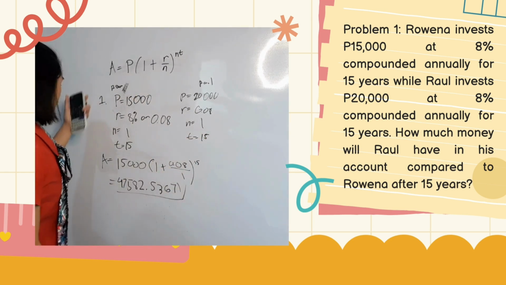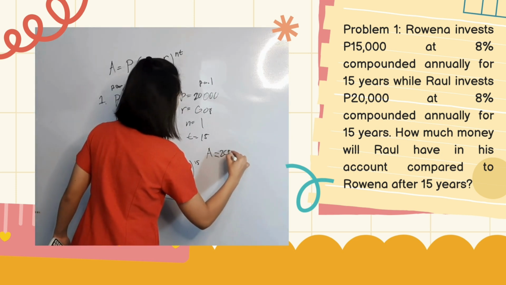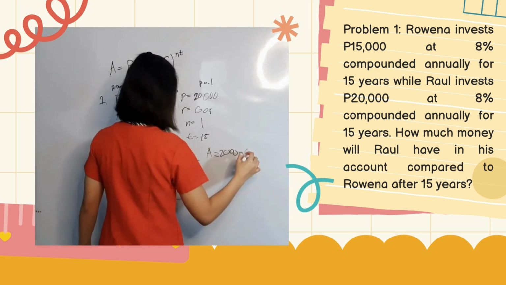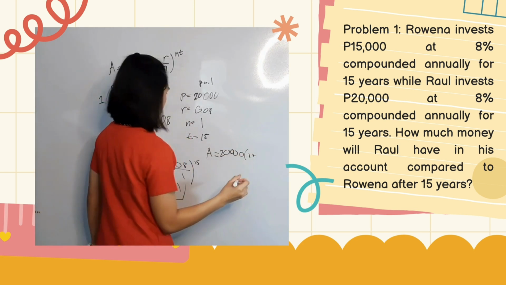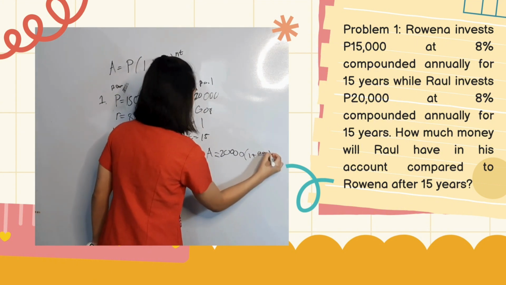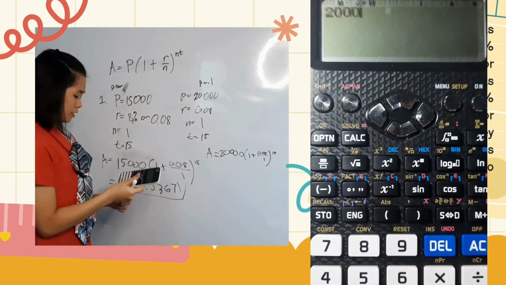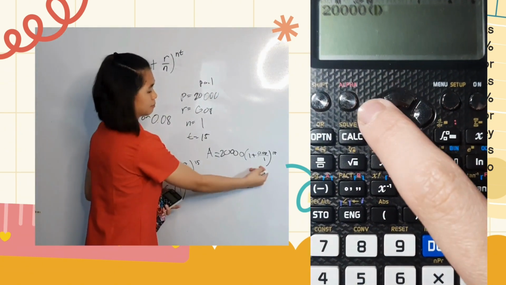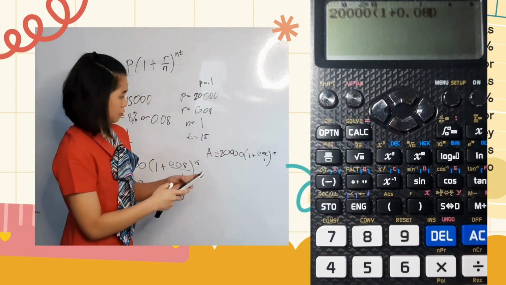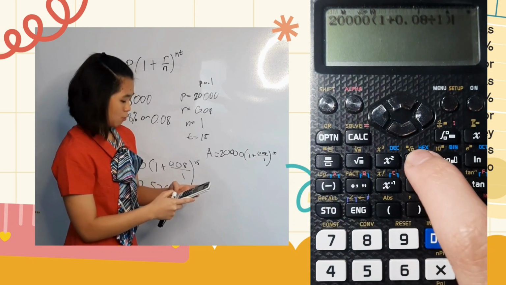So we use the same formula. A is equal to P, which is 20,000, times 1 plus R, which is 0.08 over N, which is 1, raised to 15. Again, using a scientific calculator, let's first enter the part inside the parentheses, then the exponent. So, open and close, 1 plus 0.08, divide by 1.